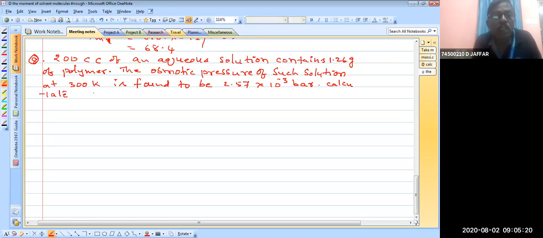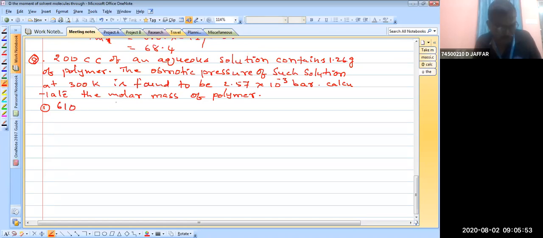Calculate the molar mass of polymer, right? So option 1 for this is 61038 gram per mole, right?